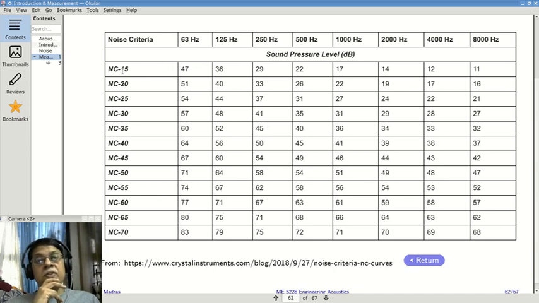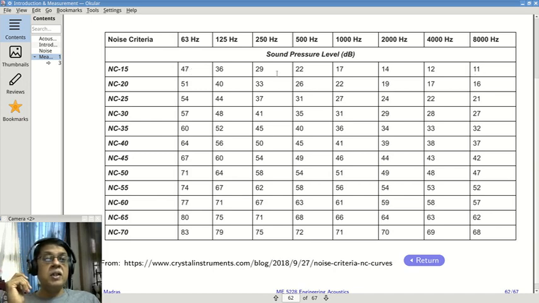So NC 15 effectively means that I am right around, you can see that the numbers are within about 2 dB of the rating that you have at 1000. So NC 15 corresponds to 17 dB at 1000. And of course you can tolerate almost 47 dB at 63.